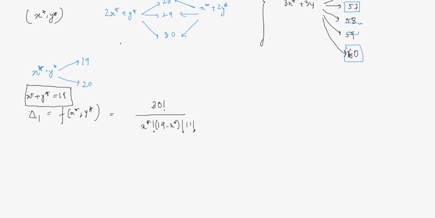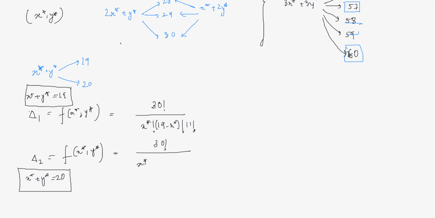And lambda 2 is the value of f at (x star, y star) when x star plus y star is equal to 20, the second case. For that case it takes the value 30 over x star factorial times (20 minus x star) factorial times 10 factorial.